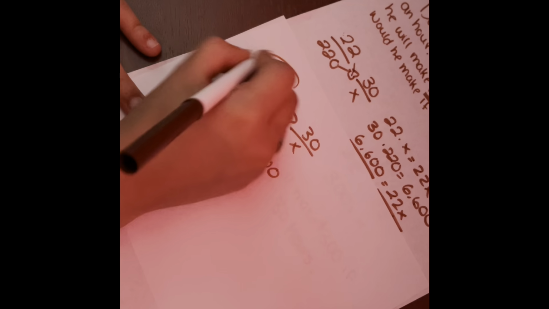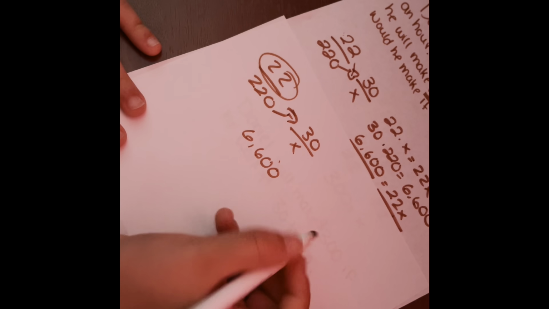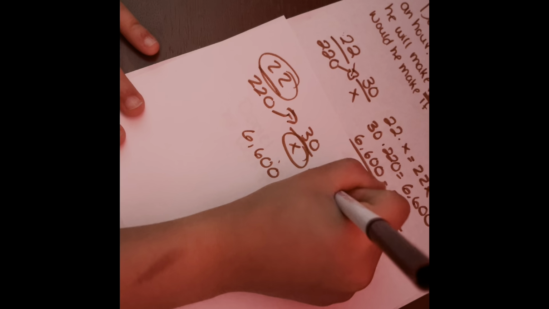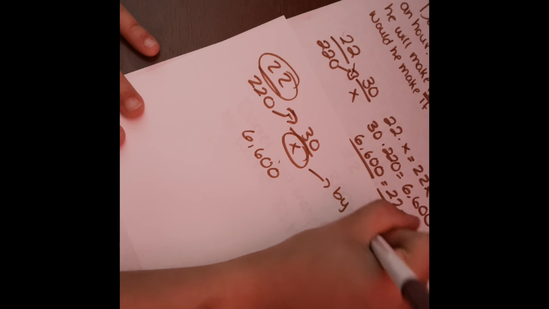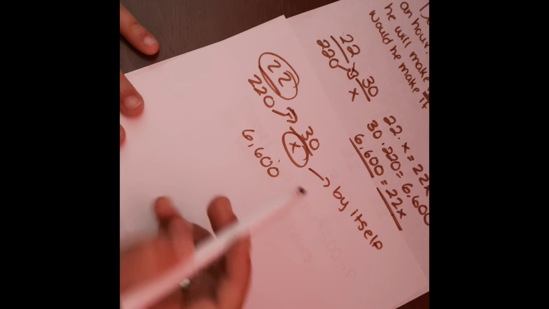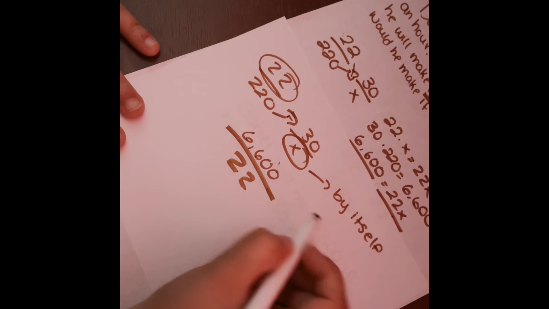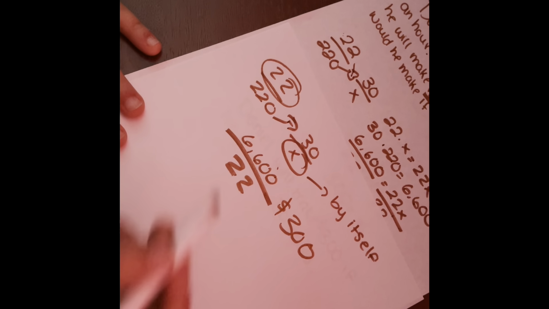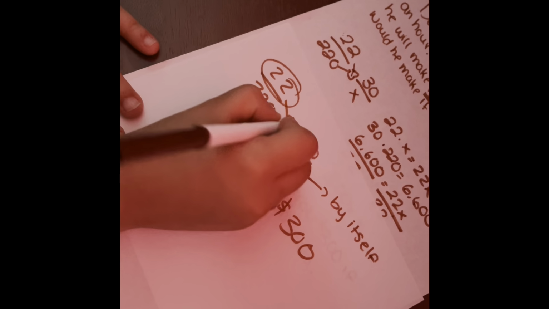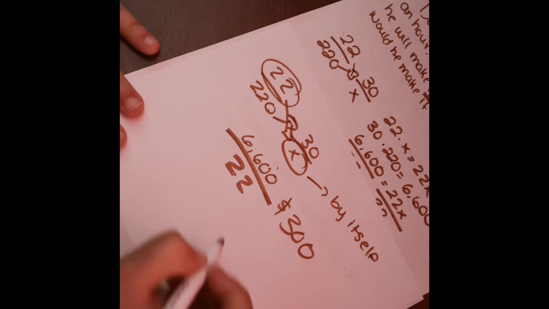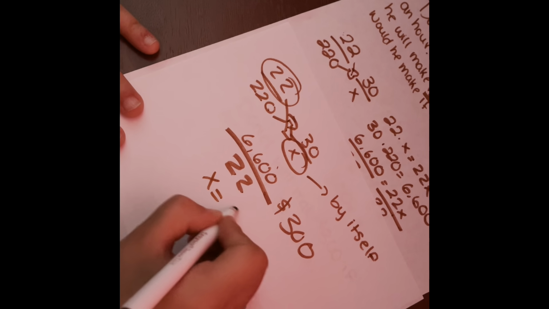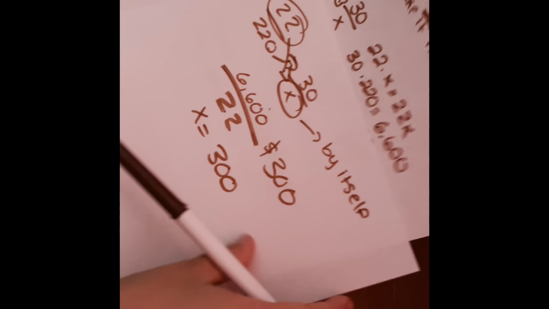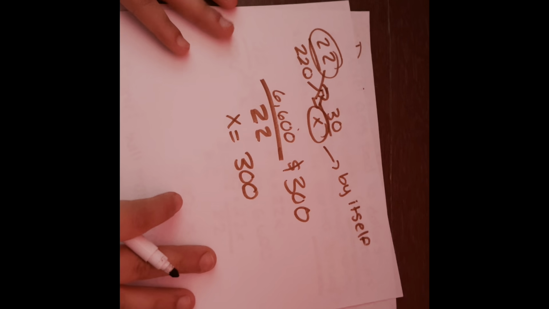And then they'll just take the 22 instead of cross multiplying it, which leaves the x by itself. And they'll just divide by 22, and they'll say, oh, we got 300. But the correct way to do this problem is you have to cross multiply each side to get x equals 300. As you can see, this is how you solve ratios and proportions.